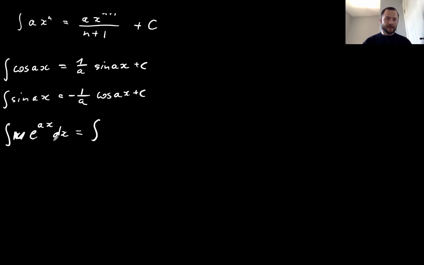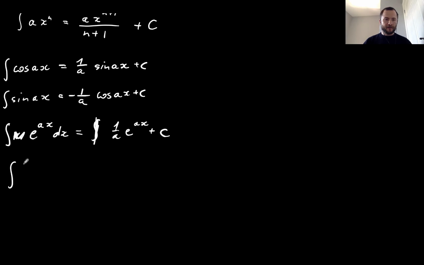The integral of e to the ax dx equals 1 over a e to the ax plus c. Note that the index number for the exponent doesn't change.